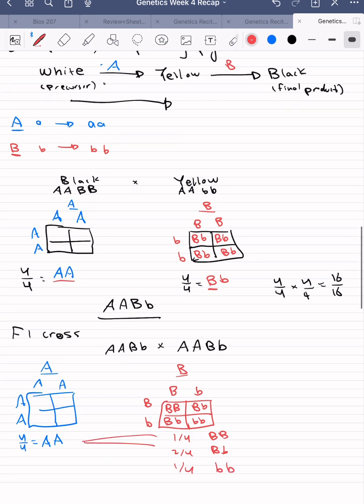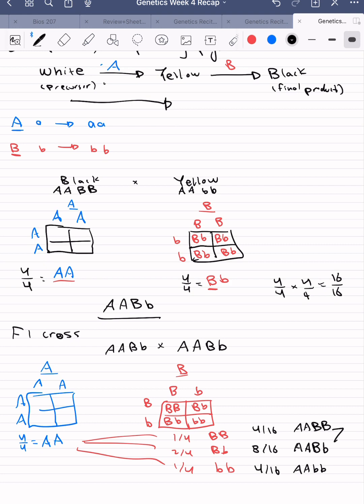So if we multiply all these together, as we did in the above example, we would get 4 out of 16 of the individuals will have the genotype big A, big B. We would get 8 out of 16 of the individuals in the progeny which have big A, big B, little b, and we would get 4 out of 16 of the individuals in the progeny will have big A, little b.